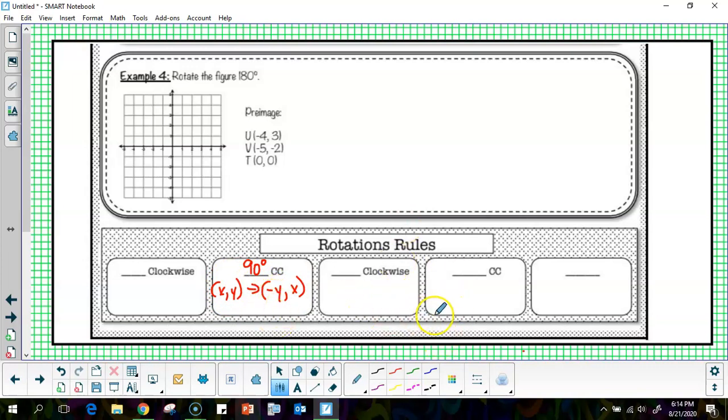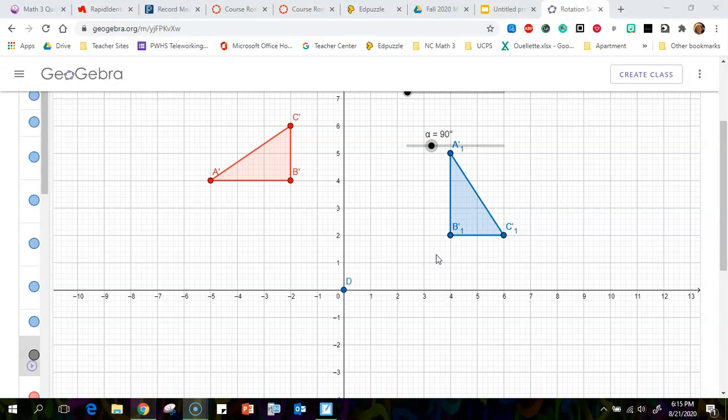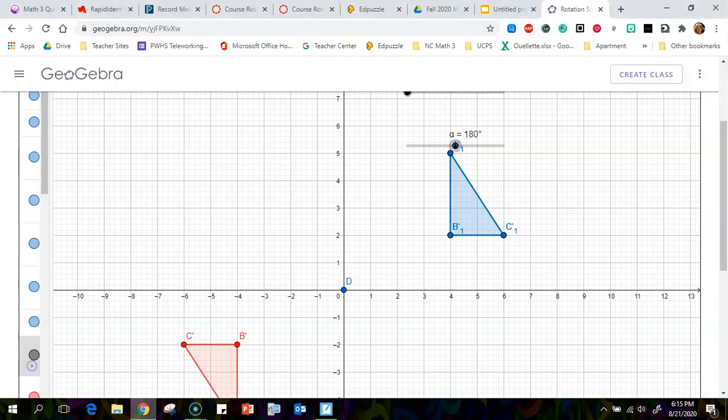Interestingly enough, going 270 degrees clockwise is the same thing as 90 degrees counterclockwise. So if we look back over here, if you can imagine, the 90 degrees counterclockwise going from quadrant 1 to quadrant 2 would be the same as 270 degrees clockwise.